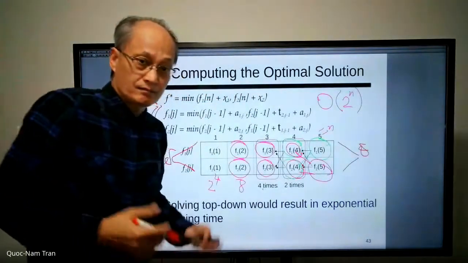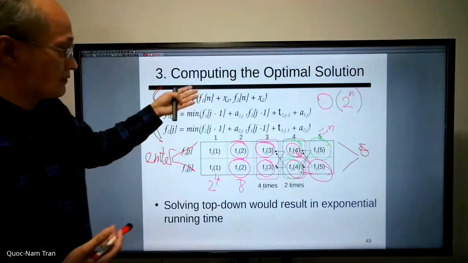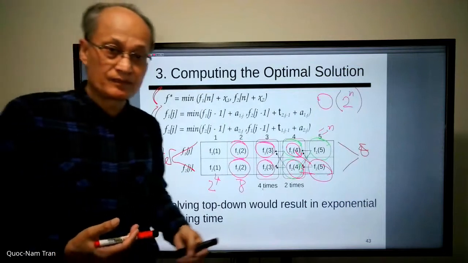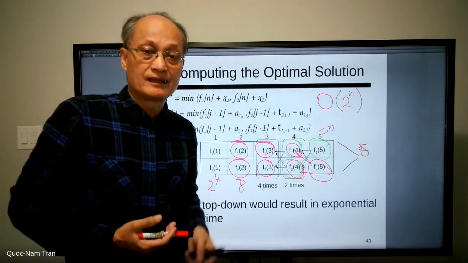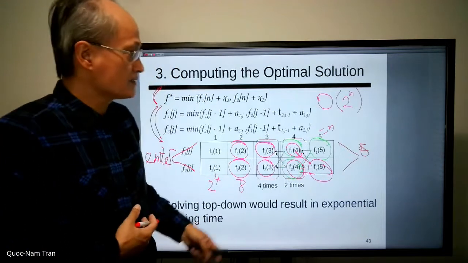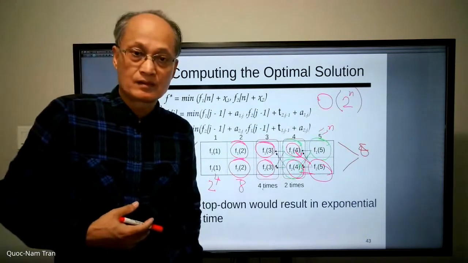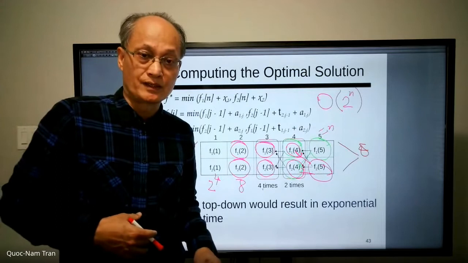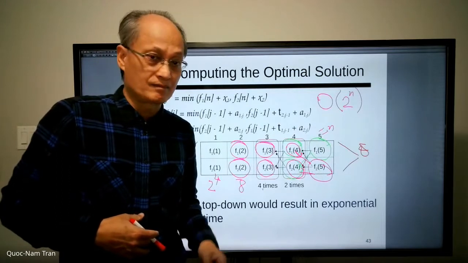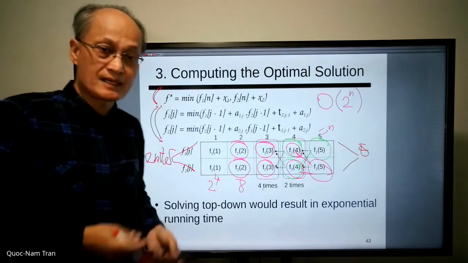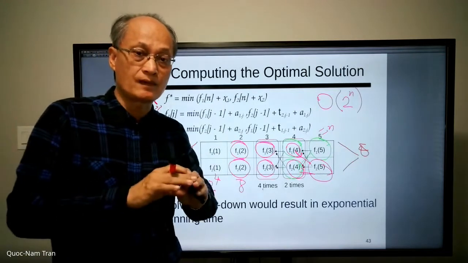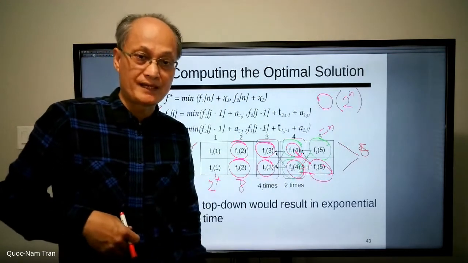Okay, so it looks like we have a recursive algorithm. It looks more serious than the exhaustive search, but it turns out that it's still exponential, right? So there's no difference between this and the previous exhaustive search in that we search for all possibilities, right?